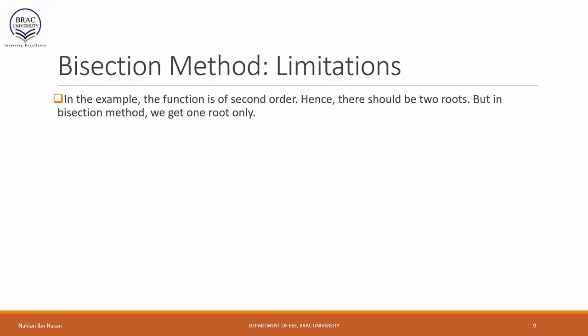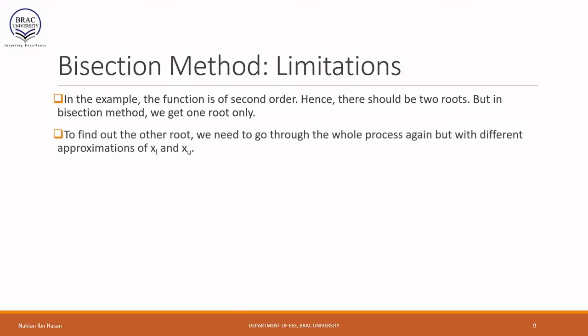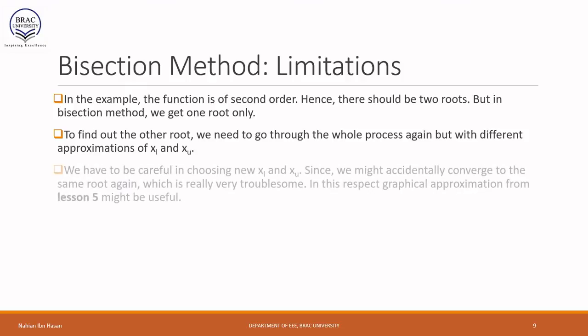Although this is not always the case, since in some cases the roots are very closely located, so if we change the boundary definitions, we would get the other root as well. But since these types of cases can happen in practical examples, we need to change our boundary definitions.